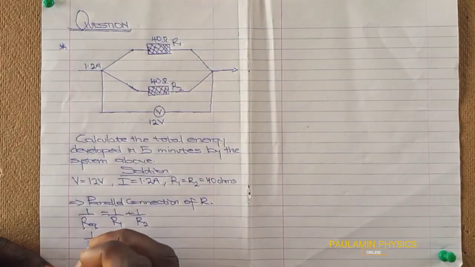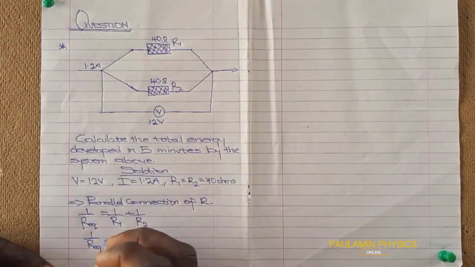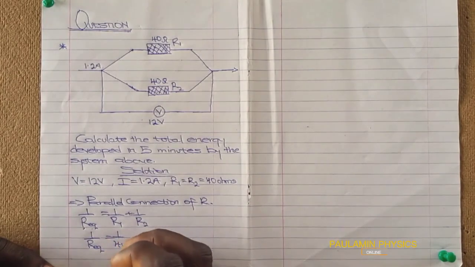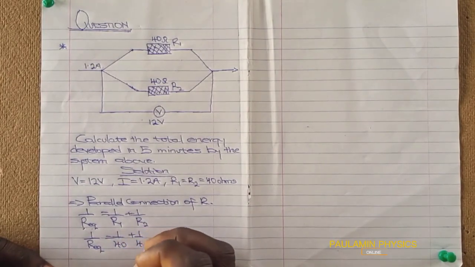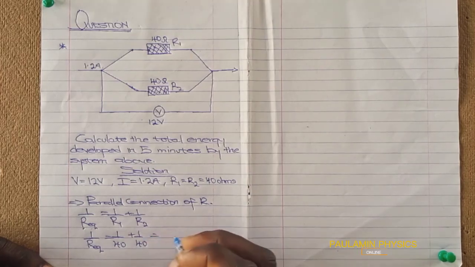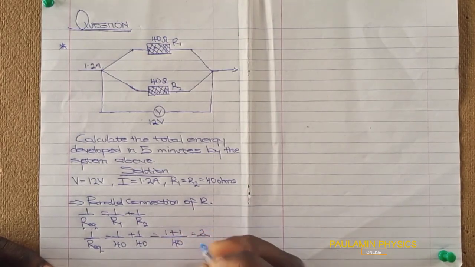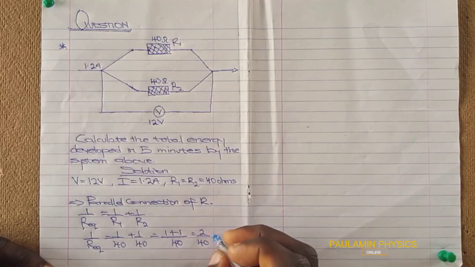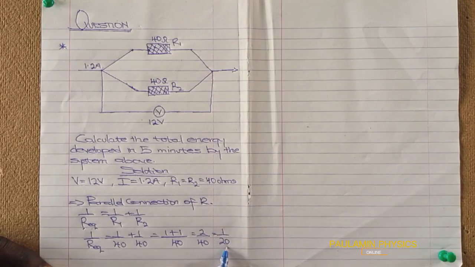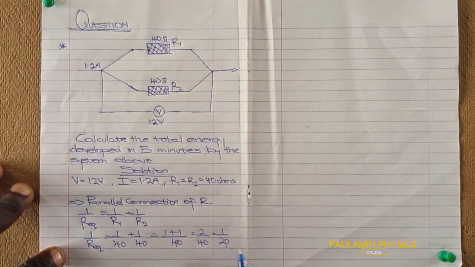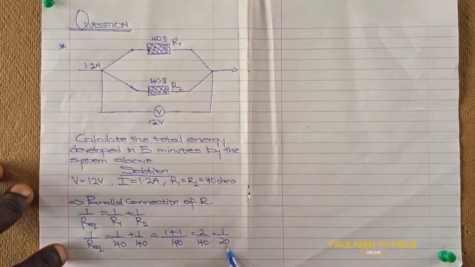So to do this, 1 over Req will now be equal to 1 over 40 plus 1 over 40. This would lead us to 1 plus 1 over 40, which is 2 over 40, and if we break it down further it gives us 1 over 20. But here is not the final answer. Some students usually make the mistake of leaving it as 1 over 20.